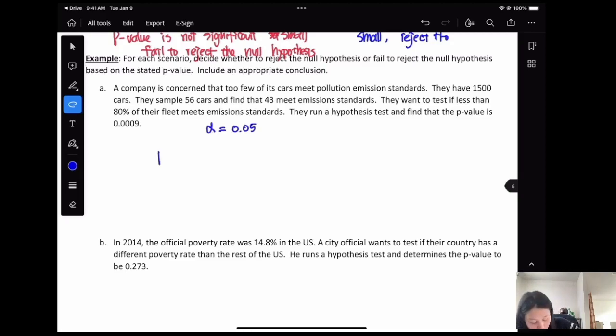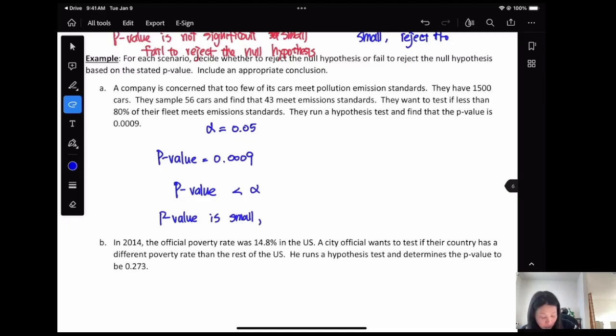So our p-value is 0.0009, which means our p-value is way smaller than our alpha. Then we can say our p-value is small. If the p-value is small, we will reject the null hypothesis, and there's evidence for our alternative hypothesis.